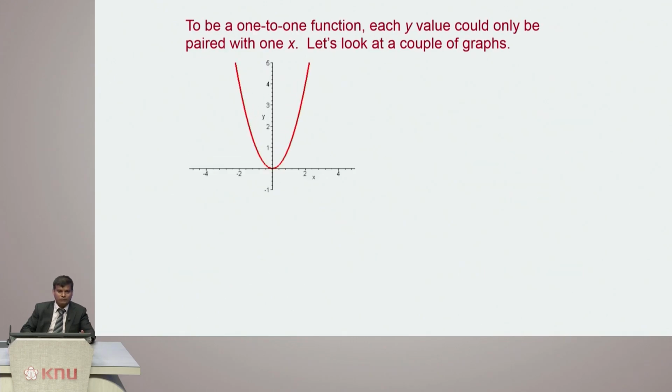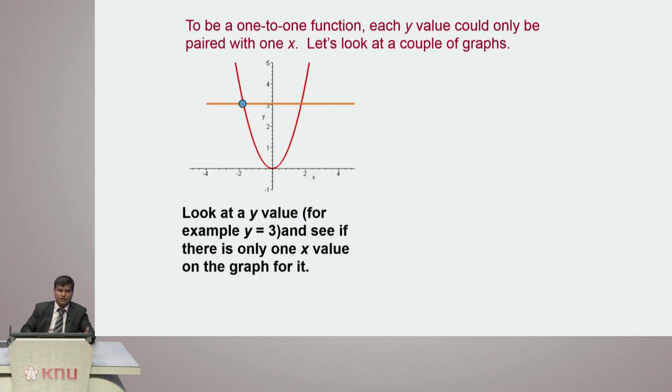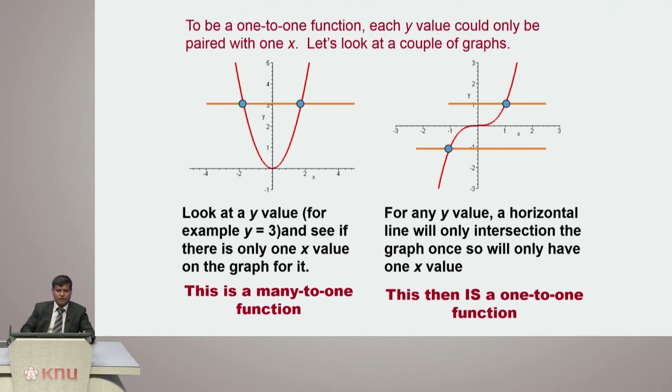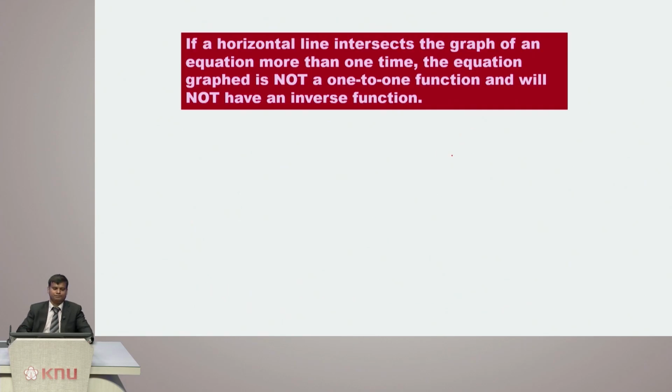But we are using the horizontal line here to prove whether it is a many to one function or a one to one function. When there is an intersection, we can see that it is a many to one function. Here you have the intersection, so we call it a many to one function. But here they are unique, so we call it a one to one function.